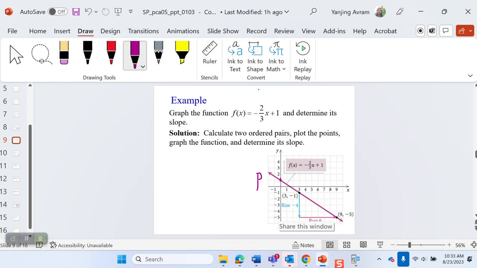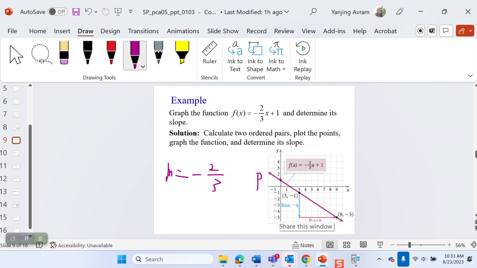Okay, and then since this slope m here is -2/3, you can use this one to graph. If you have an x going to the right for 2 units, 1, 2, okay, y gonna be going down for 3. All right, so this is 1, 2, and then 1, 2, 3.